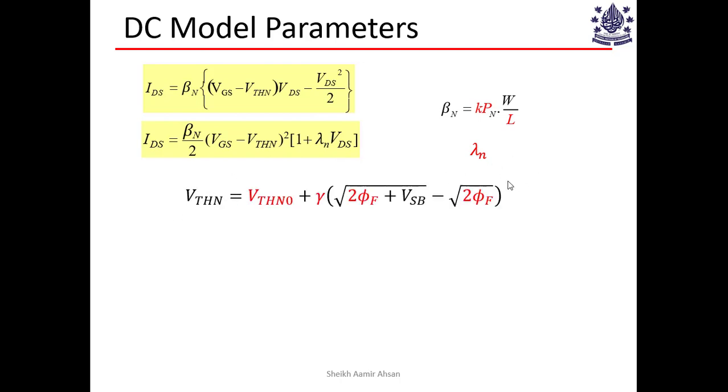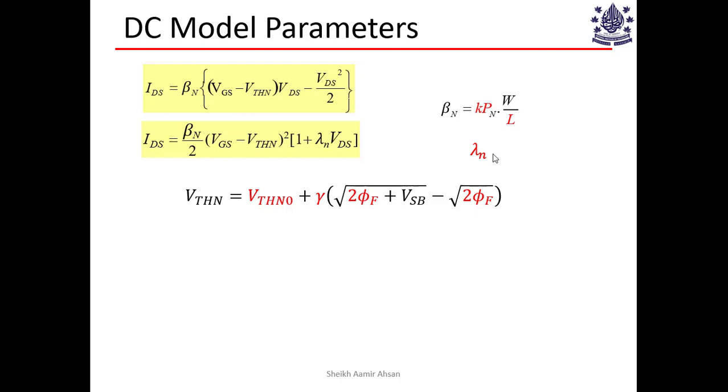And another set of fixed technology parameters are VTH0, which is the bias independent threshold voltage, gamma, which is the body factor, and then 2 phi f, which comes from the bulk potential. So all of these quantities shown in red are fixed. You cannot change any of these once you have chosen a particular technology.